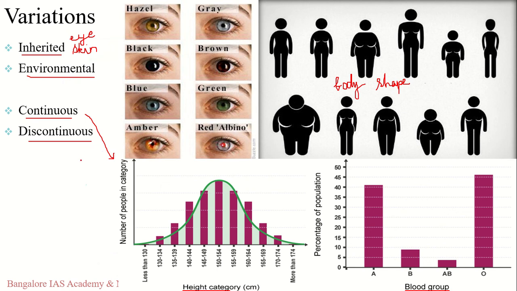For example, the type of blood group that you may have, gender, for example, it can be male or female, or eye color, which has certain limitations. It cannot be different colors. You cannot have rainbow colors when it comes to your eye color. So this is known as discontinuous variations.